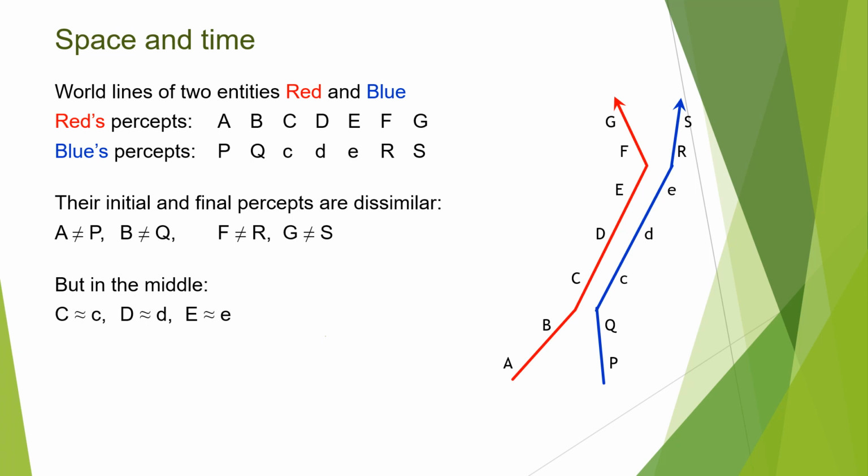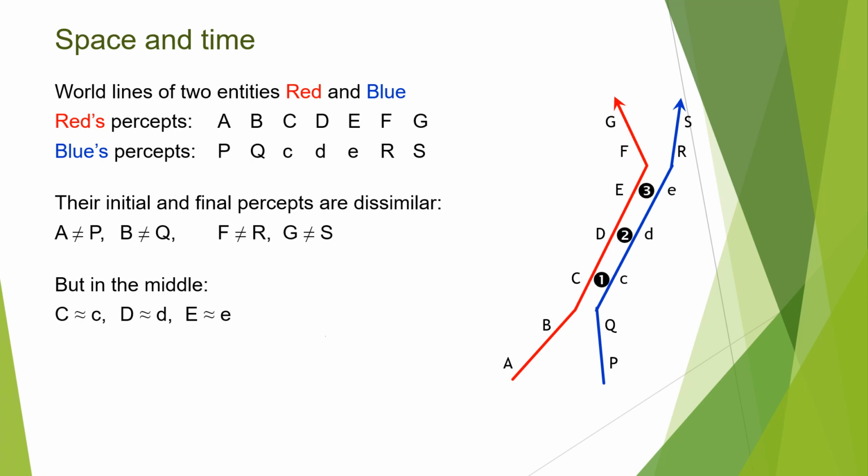At the bottom of the sketch, red's percepts A and B are nothing like blue's percepts P and Q. And likewise, red and blue's final percepts are dissimilar. At the top of the sketch, red's percepts F and G are nothing like blue's percepts R and S. But in the middle, their percepts are very similar, and this is symbolized by the lettering.